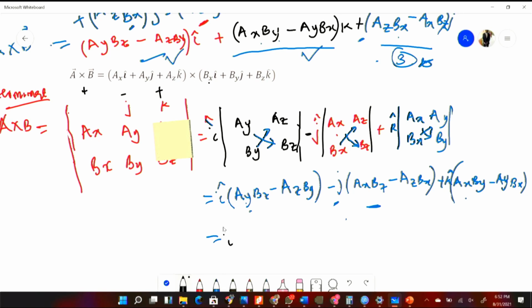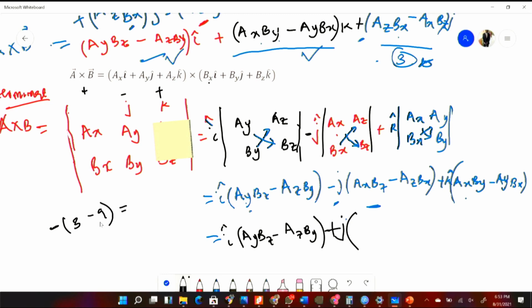So we have our i component, we rewrite ay bz minus az by, nothing changed. In place of our minus, if we put plus, what will happen to our matrix? That means this becomes positive and this becomes negative. It's like we multiply it by minus, which is a normal equation. So if you want to understand, let's say I have minus 3 minus 9.